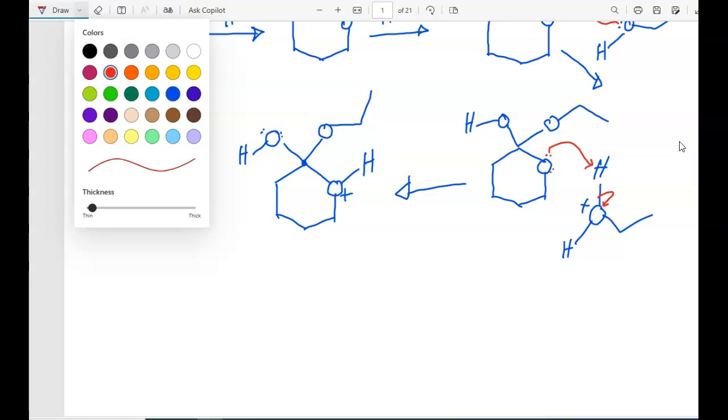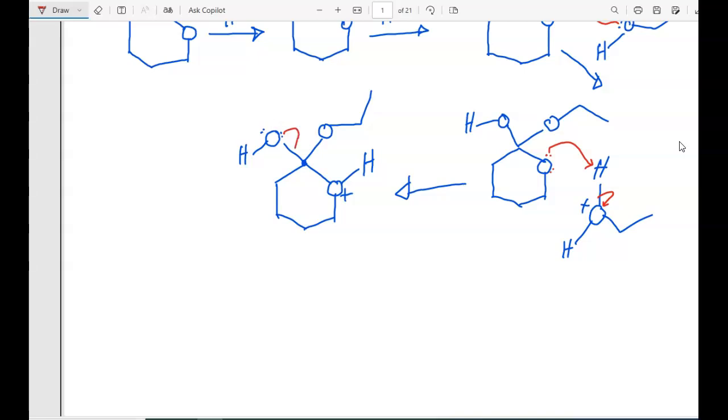The lone pair of electrons here will drop in to regenerate our carbonyl functional group. And this time, remember, this is the alcohol that we brought in. So the leaving alcohol is now, this bond breaks.